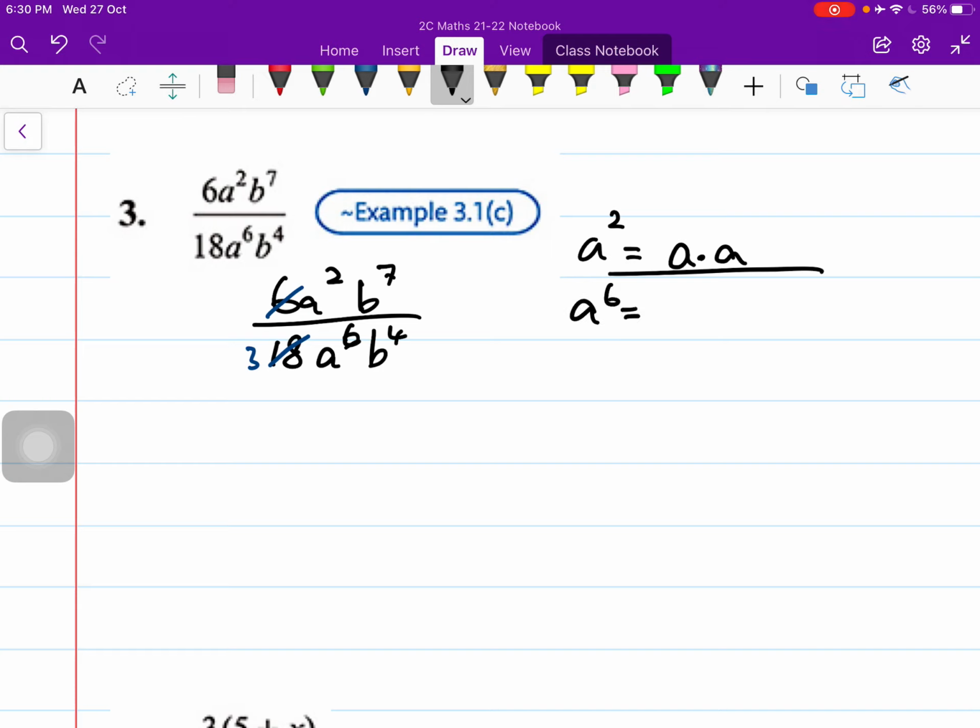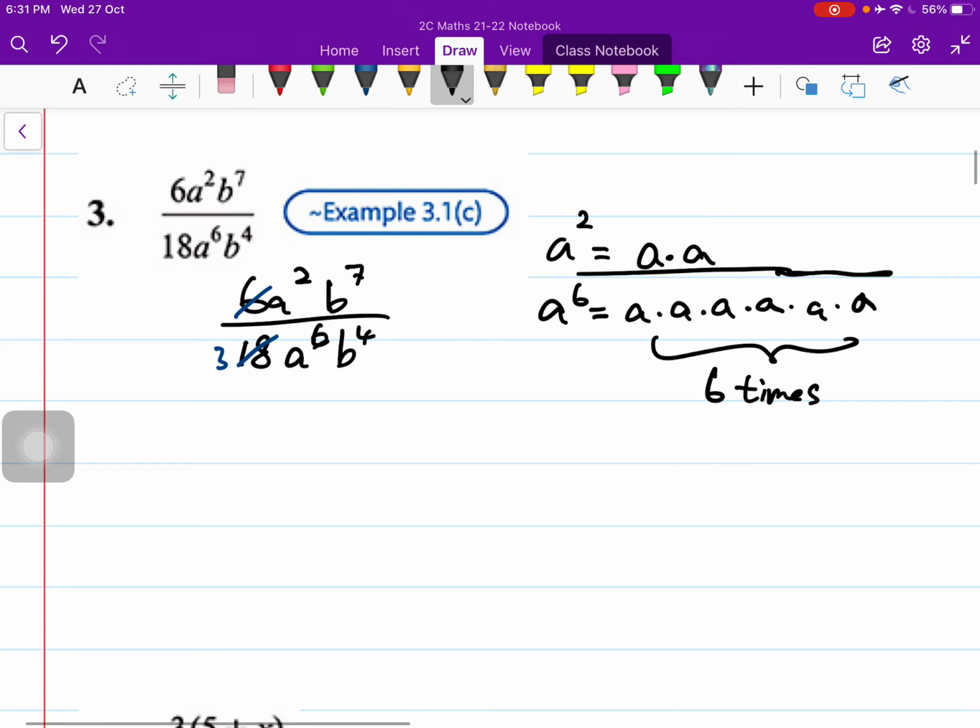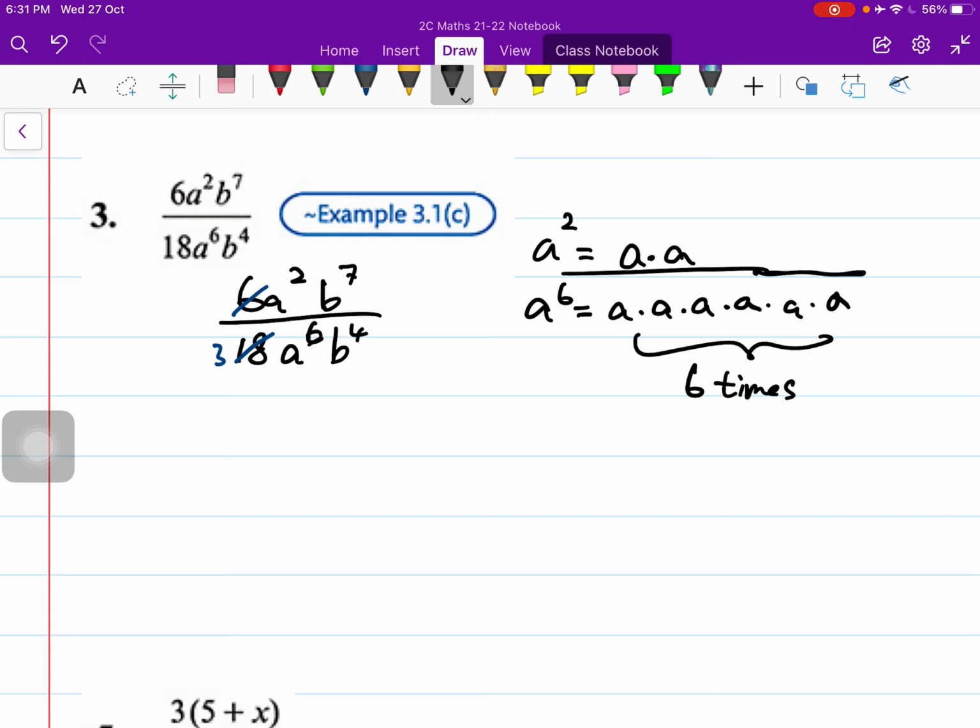For a to the power 6, it means a multiply a multiply a multiply a multiply a multiply a, 6 a's together. So a multiplied by itself 6 times. It is not rocket science, it is just multiplication, and we can cancel them out one by one.